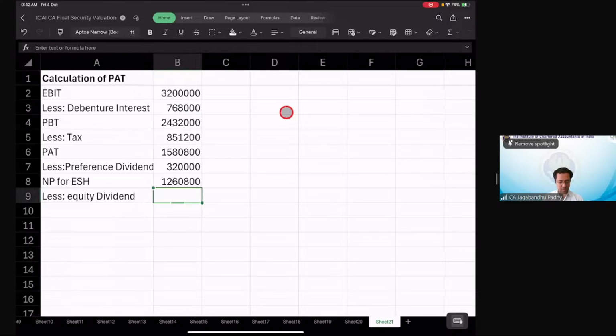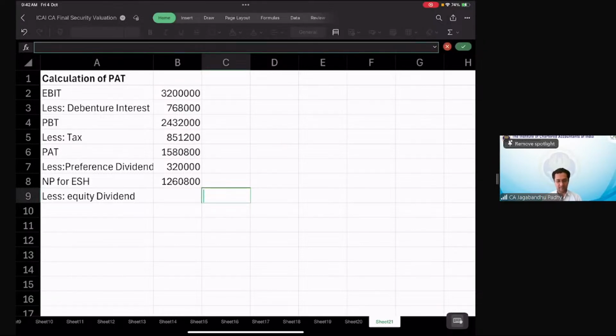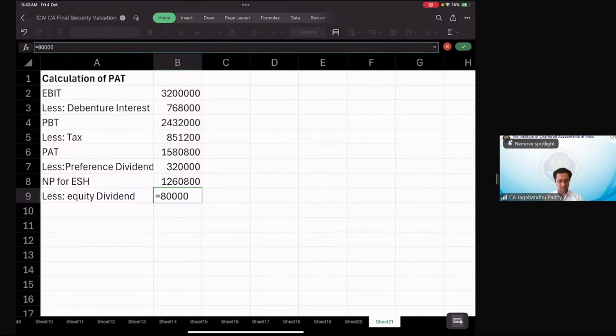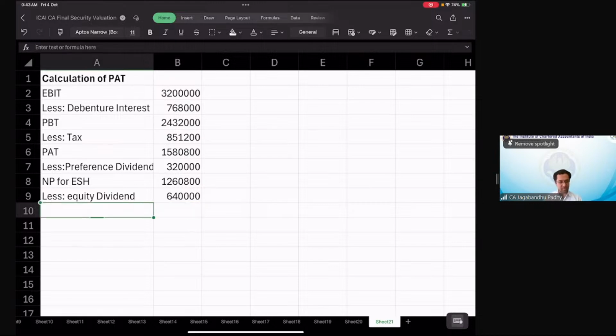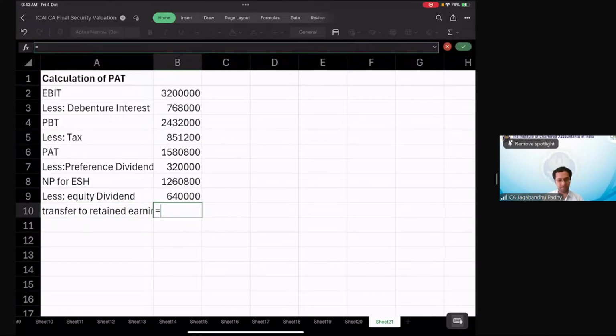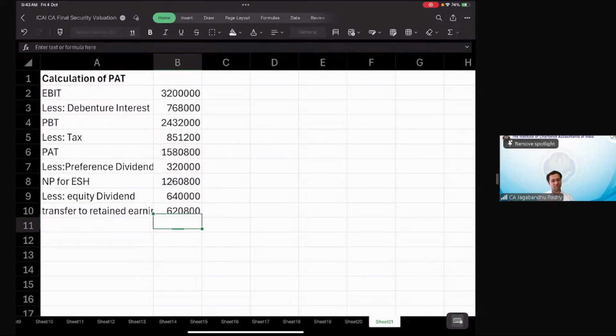So that's going to be 80 lakh into 8%. So we are paying a dividend of 6,40,000. So what will be the profit, I mean retained earnings, or the balance transferred to retained earnings? Retained earnings is 6,20,800. Correct?